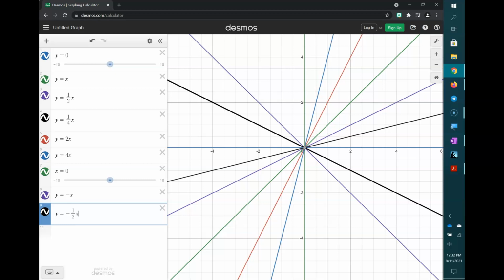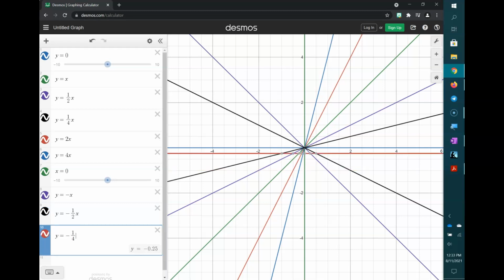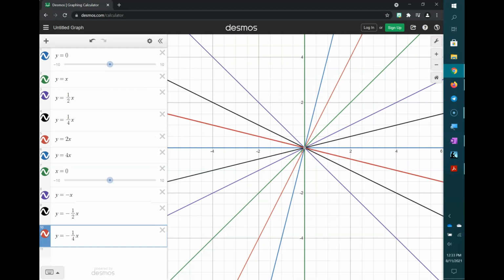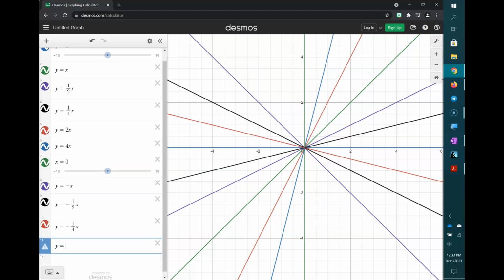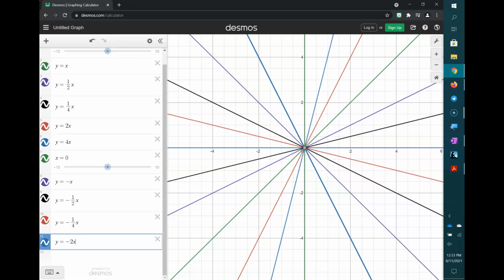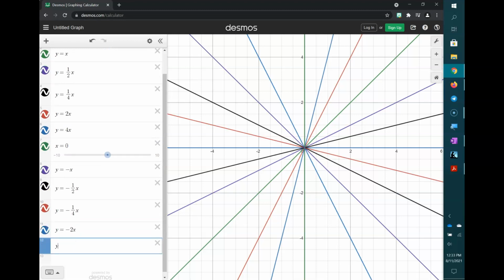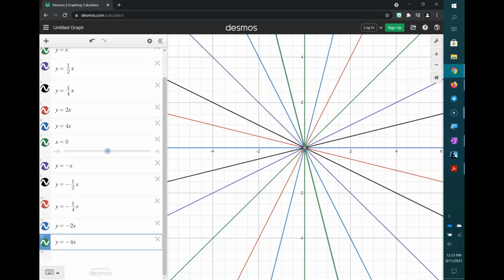So it's actually a larger number because -1/2 is larger than -1, so it can get confusing when you're talking about negative slopes. So let's look at y equals -1/4 x and see that that's even less steep. But then if we look at y equals -2x, steeper, and y equals -4x, even steeper.